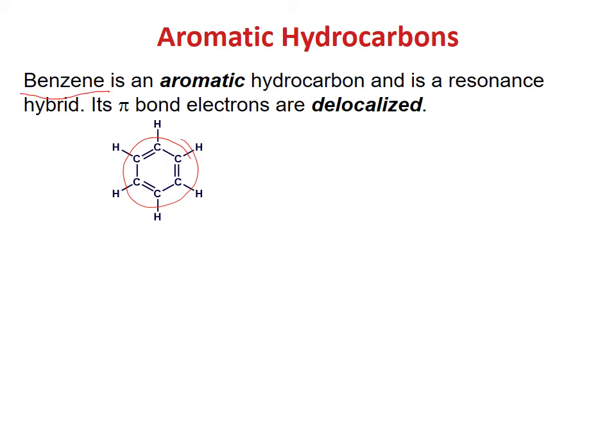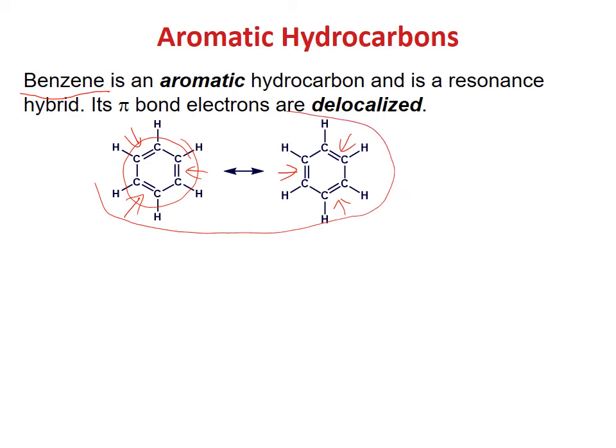So we can draw another resonance structure, where this double bond goes to here, and this double bond goes to here. The actual structure of benzene is the combination of these two. And therefore, these six bonds are all the same.